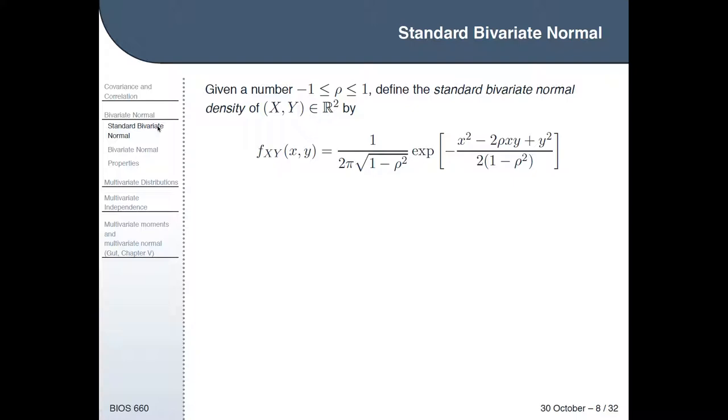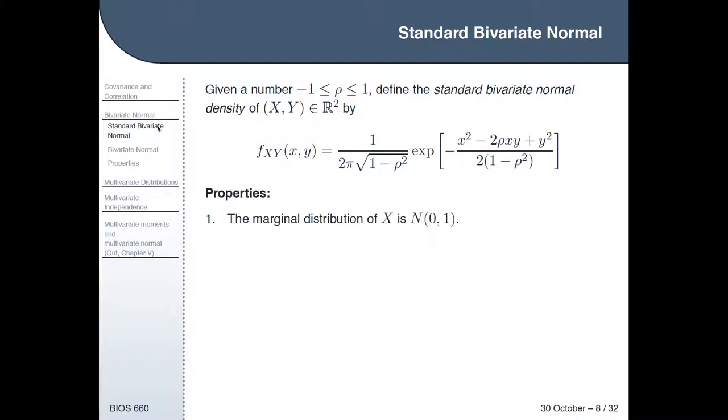You see it's similar to the normal density that we're familiar with, but it has a rho term in the middle of it. It's now 1 over 2 pi times the square root of 1 minus rho squared, times e to the negative of x squared plus y squared minus 2 rho xy, divided by 2 times 1 minus rho squared.